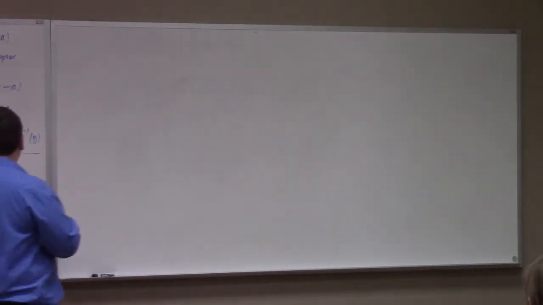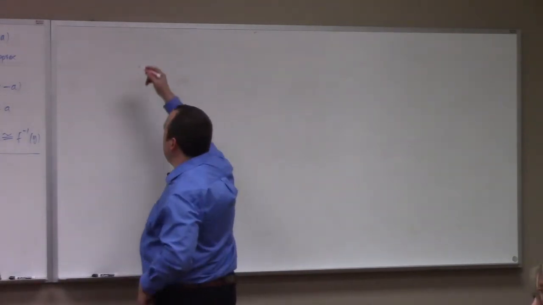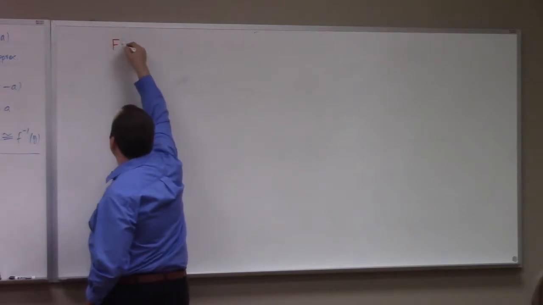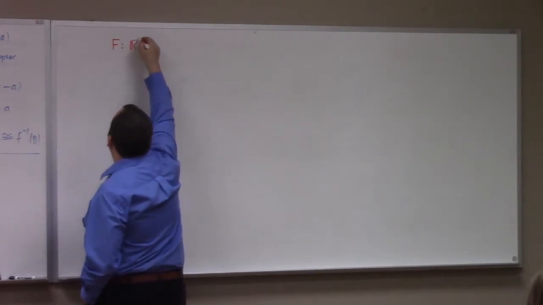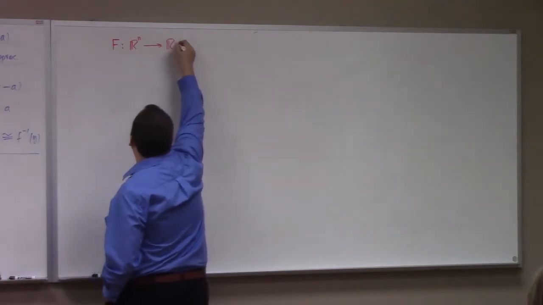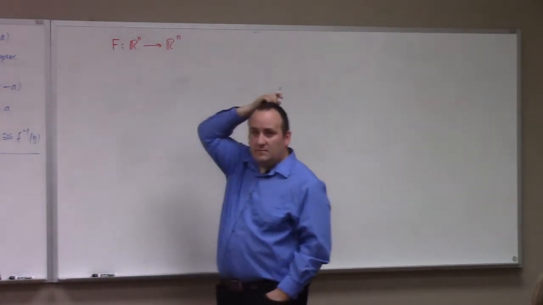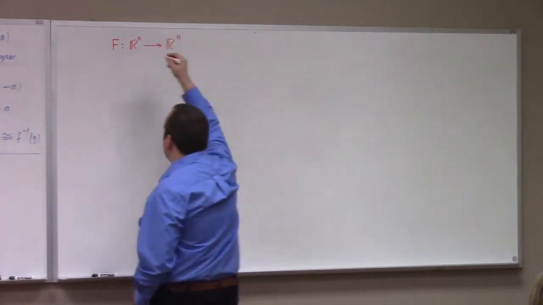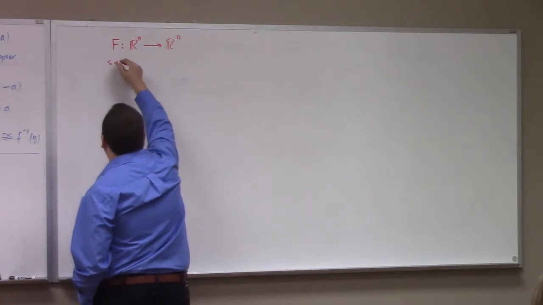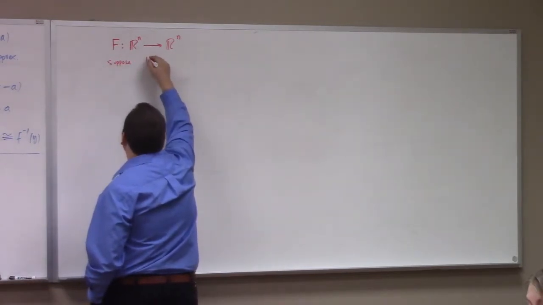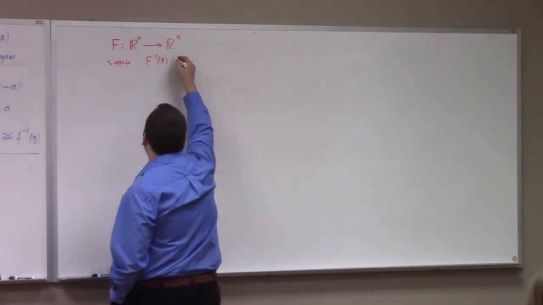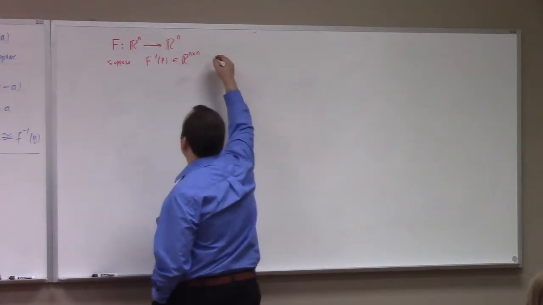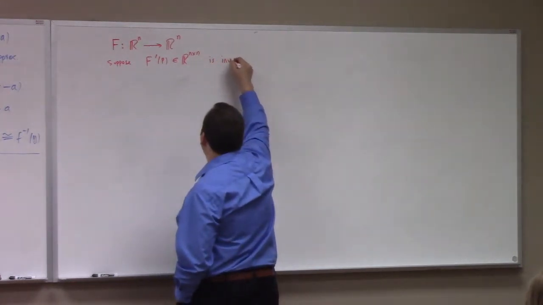So basically, what if we have a function from R^n to R^n, and we want to find an inverse function to it at some point? So suppose that f prime of p, which in my current notation is an n by n matrix, is invertible.